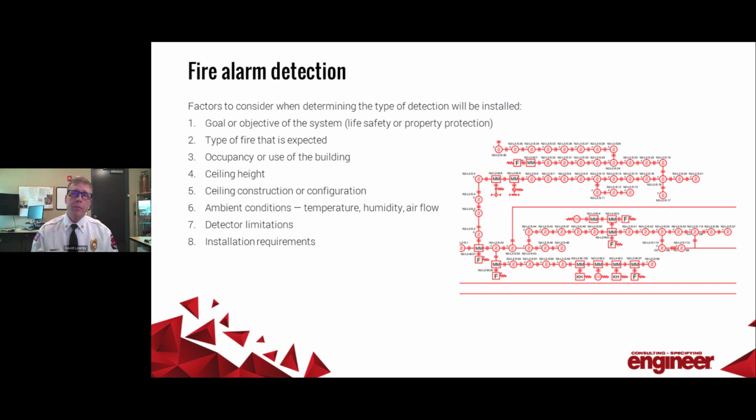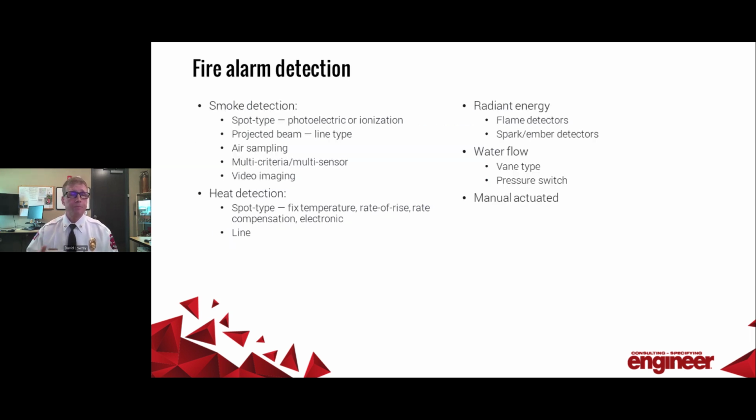Always keep those in mind, because that's going to really dictate the detection and the effectiveness of that detection, as well as you obviously also have limitations to the detectors as well as installation requirements. So when we start talking about all that, we go to, well, what are my choices of detection? What are we talking about?